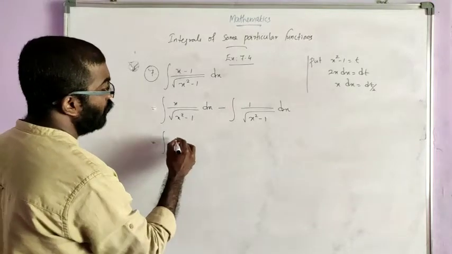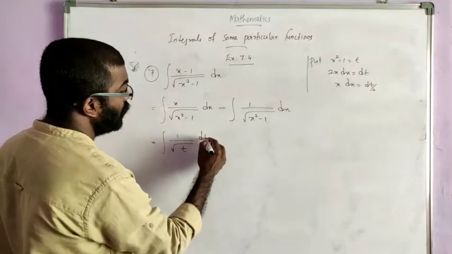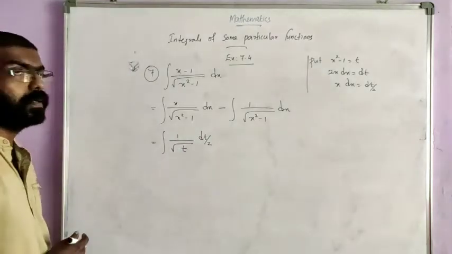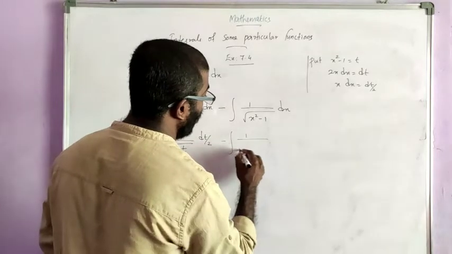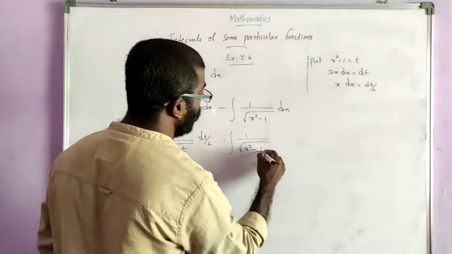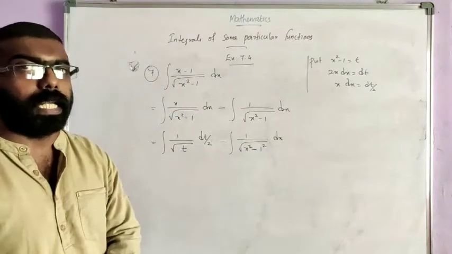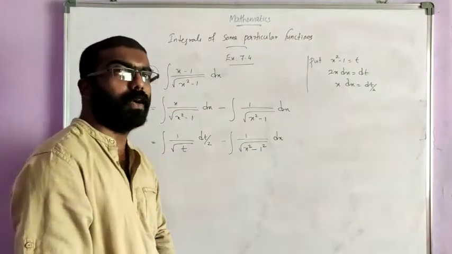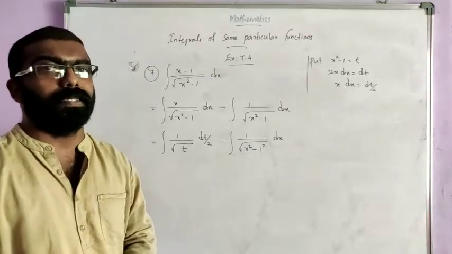So integral 1 by root of t dt by 2. And in the second term we can rewrite it as 1 by root of x square minus 1 square, that is 1 by root of x square minus a square dx, which gives log mod x plus root of x square minus a square plus c.